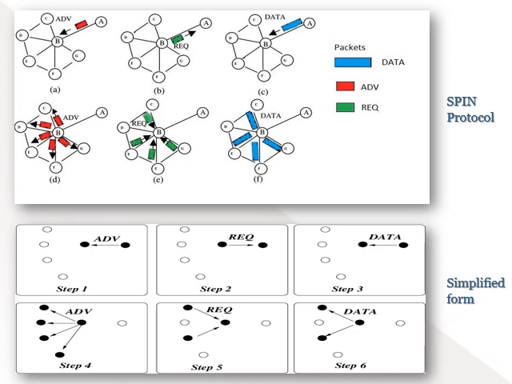Like here, D is the node which is requesting the information from node A. After receiving the request, the source node sends the data to the node which requests the information. This procedure is carried out several times until the information reaches the destination node. Figure 2 is the simplified version of the SPIN protocol.